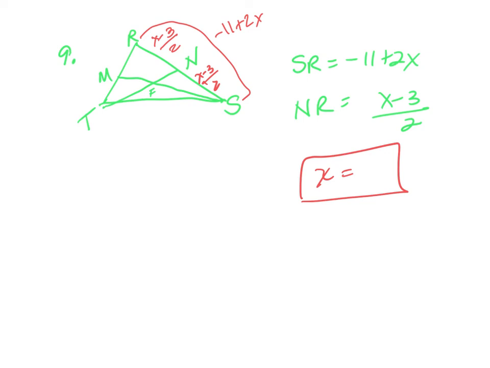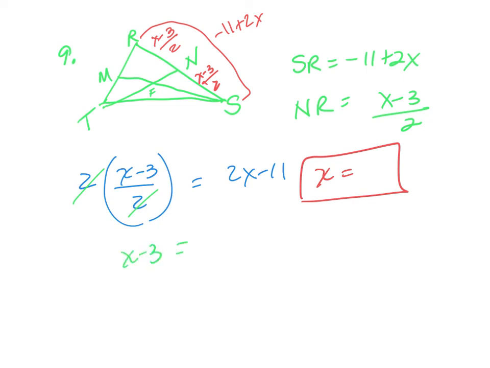All right? So, I've got x minus 3 over 2 times 2 equals 2x minus 11. I switched those up because they have the minus 11 plus 2x. Now look what happens to these 2's. They bite the dust. You see it on the left? So we get x minus 3 equals 2x minus 11.